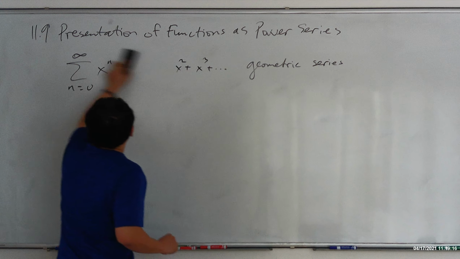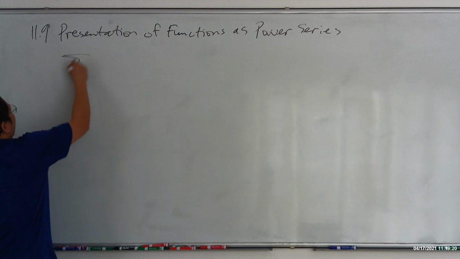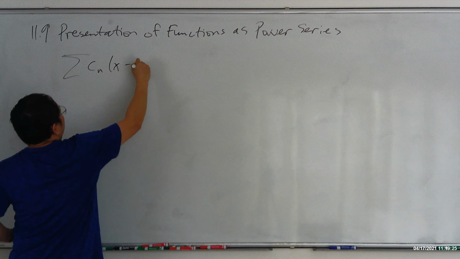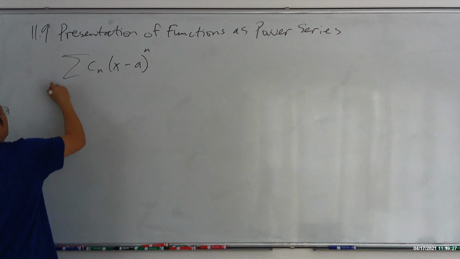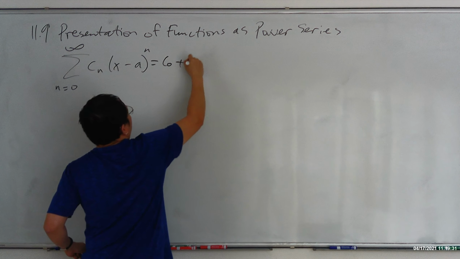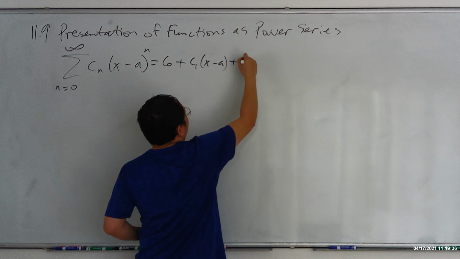Okay, so let me write in general. The theorem says this. If you have a power series, the sum of Cn times x minus a to the n, n from 0 to infinity, this series is C0 plus C1 times x minus a, C2 times x minus a squared, C3 times x minus a cubed, plus and so on. I just try to write down the whole thing so you guys can see it better.